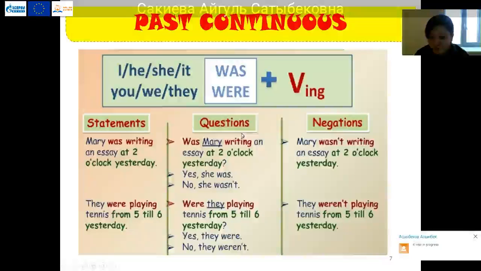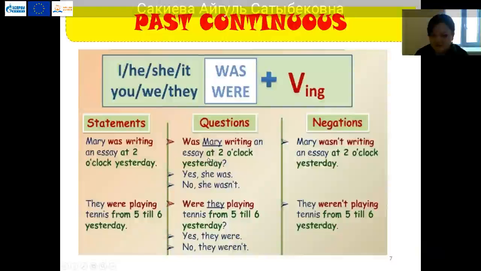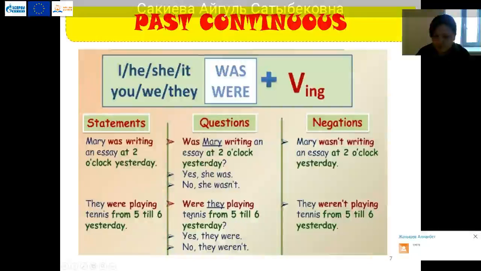Okay, how do you form the question form then? Was Mary writing an essay at 2 o'clock yesterday? And short answers, yes, she was. No, she wasn't. Negative sentences. Mary wasn't writing an essay at 2 o'clock yesterday. What about the plural form? They were playing tennis from 5 till 6 yesterday. What about question?